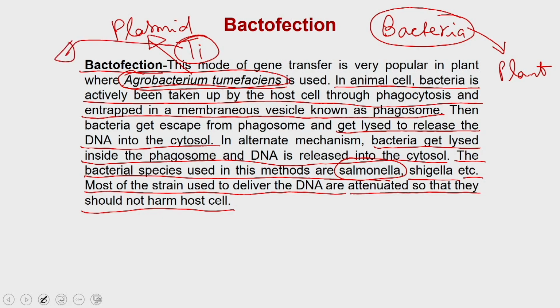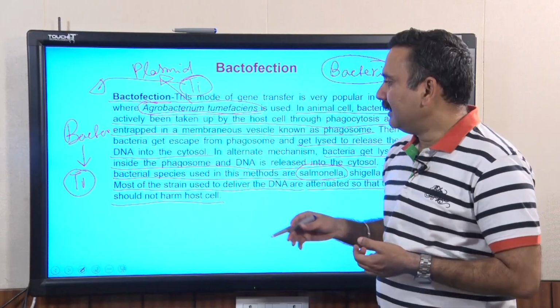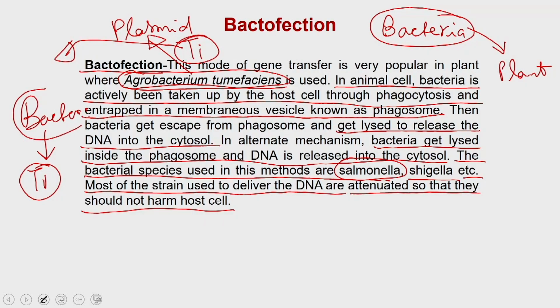As a result, you have bacteria which contain the Ti plasmid, which is not the natural Ti plasmid but the recombinant Ti plasmid containing your recombinant gene, and then this bacteria is used for infection of the plant.